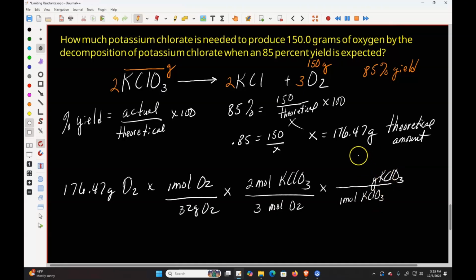Potassium is 39.1. Chlorine is 35.45. 3 times 16 is 48. So adding all that together, I should get 122.6. This will give me 450.73 grams of KClO3 needed.